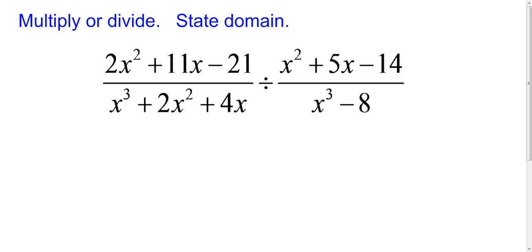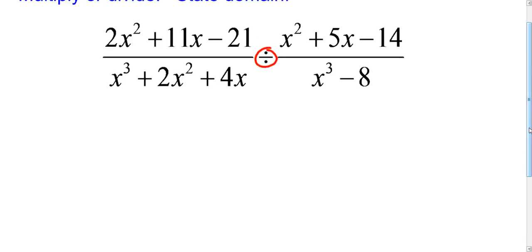All right, so here are two fractional expressions that I want you to be able to divide. Remember that when you are dividing, you are multiplying by the reciprocal. If you're multiplying, you just multiply. But if you're dividing, you multiply by the reciprocal. What that means is that the first fraction does not change.